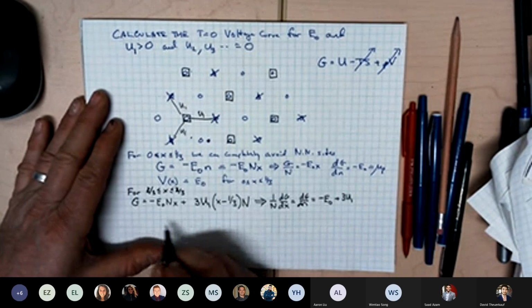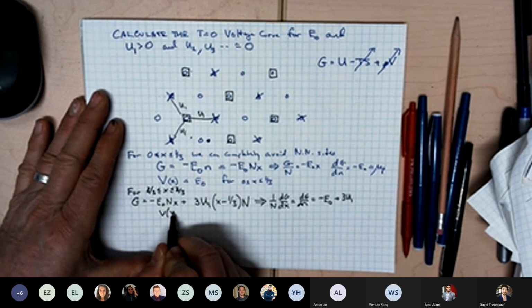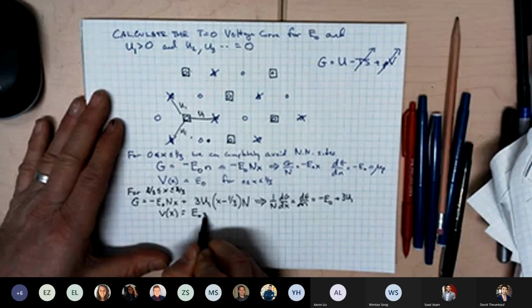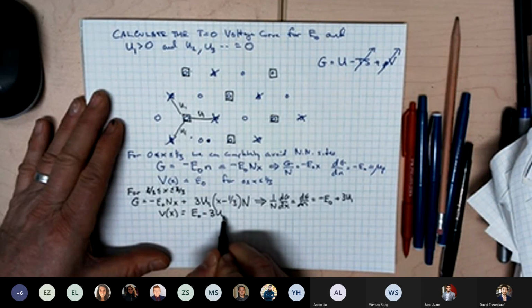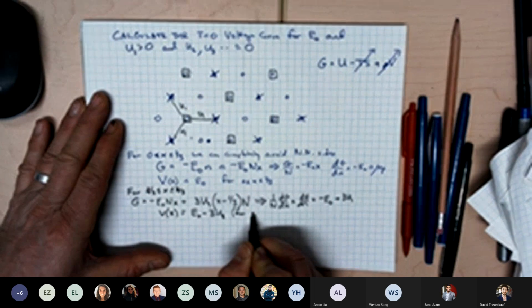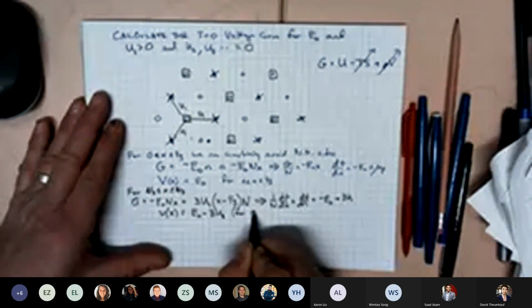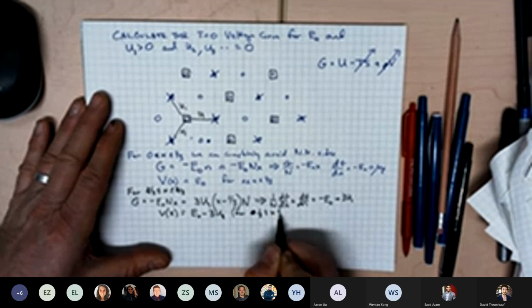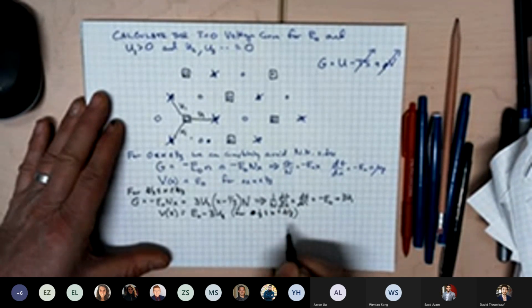So the voltage equals E naught minus 3U1 for 1/3 less than x less than 2/3.